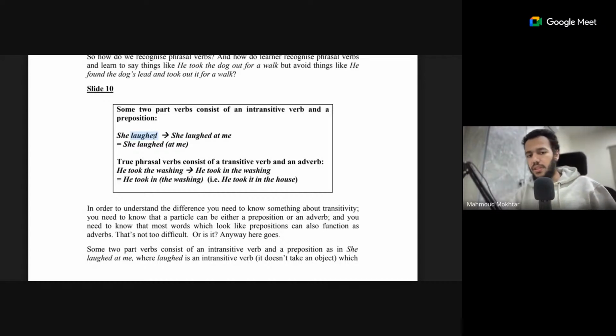True phrasal verbs consist of a transitive verb and an adverb. He took the washing. He took in the washing. He took it in the house.